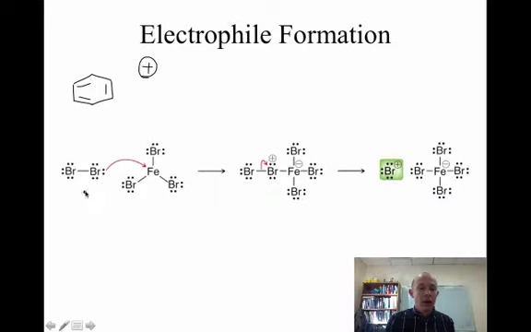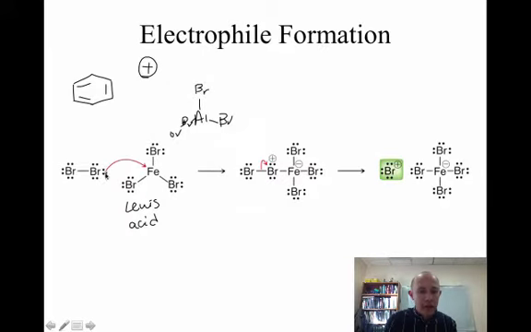How do we do that? Well, we take bromine and we react it with a Lewis acid. Usually it's going to be iron tribromide or aluminum tribromide. And these are really good Lewis acids, remember, because they lack an octet of electrons. So they have an empty p orbital that can accept a pair of electrons to give them a full octet.